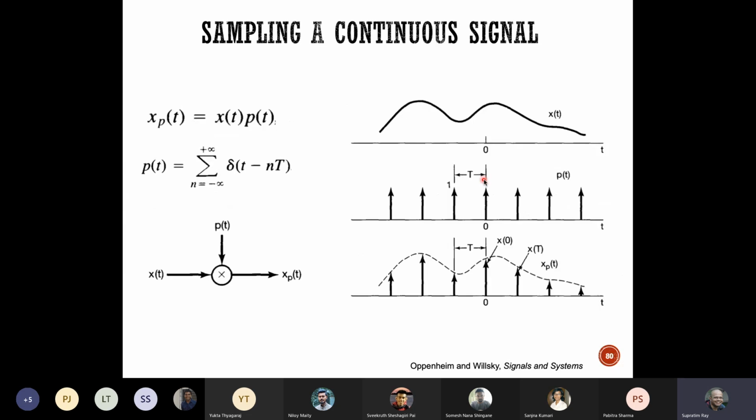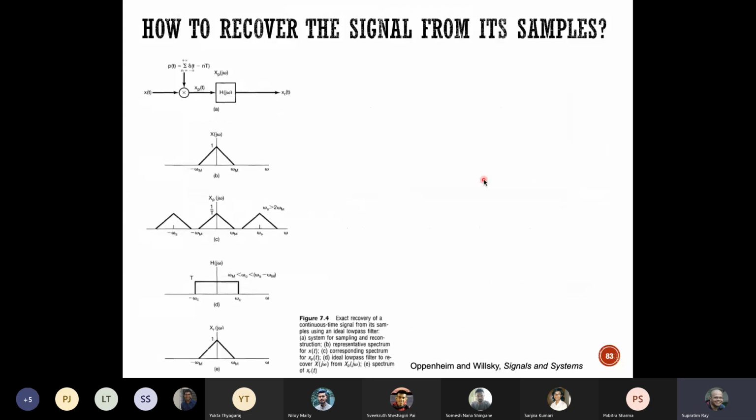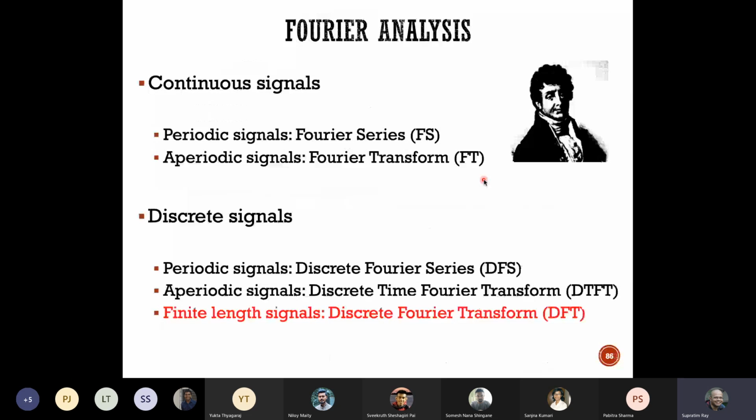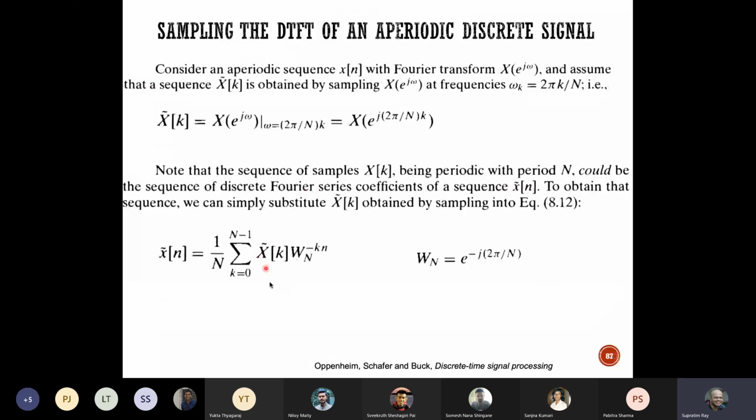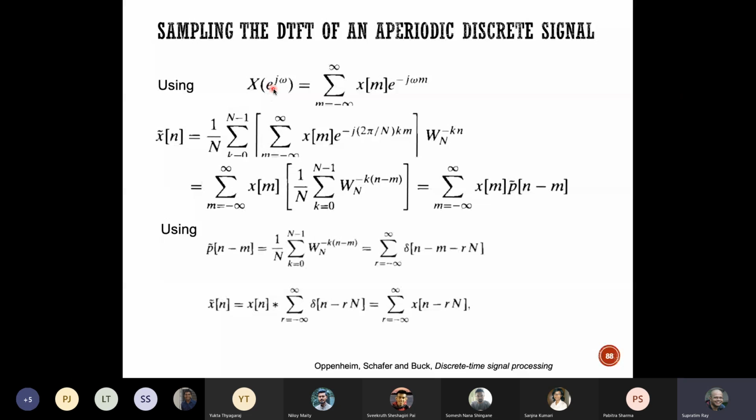Okay, so I'm just using the synthesis formula, that's all. So this is x[n], but now I use the fact that x tilde k are the samples as shown here of X(e to the power j omega), and X(e to the power j omega) is given by this, because this is the formula for the DTFT.